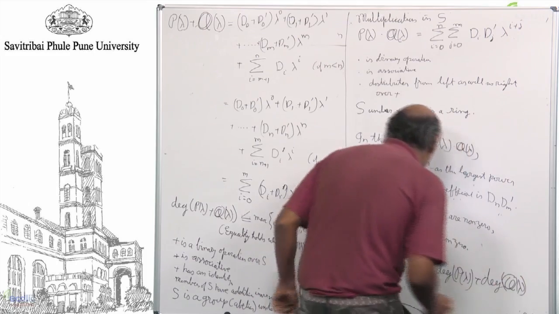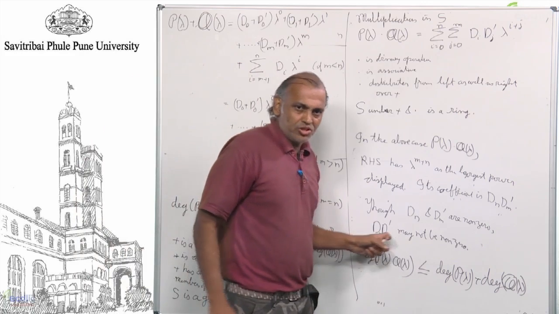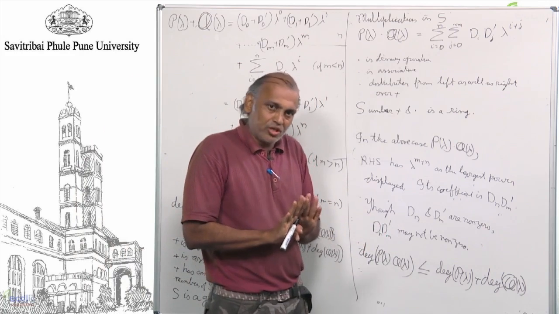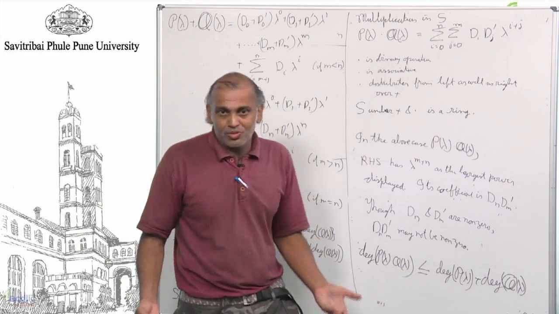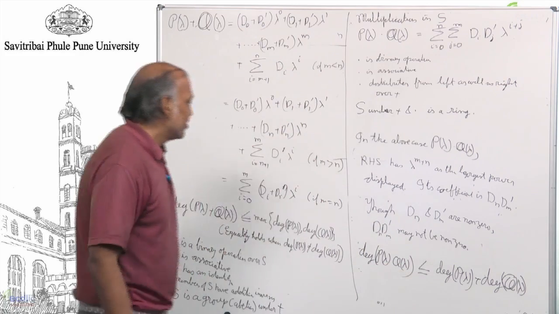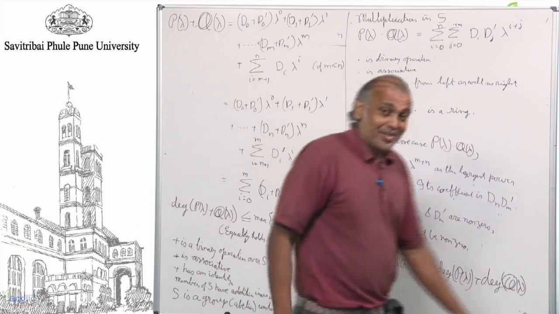It could happen that these are non-zero and the product is also non-zero. It is possible, but it is also possible that the product could be 0. So therefore you just can't say it is equal to.